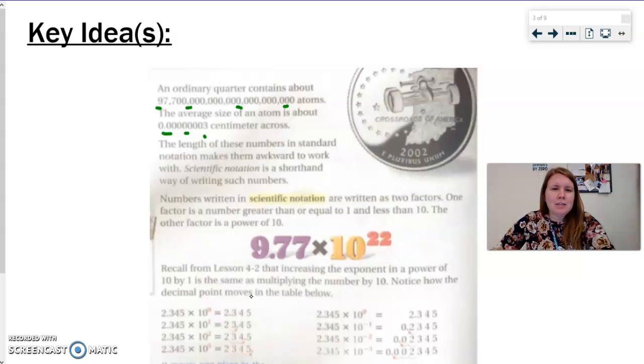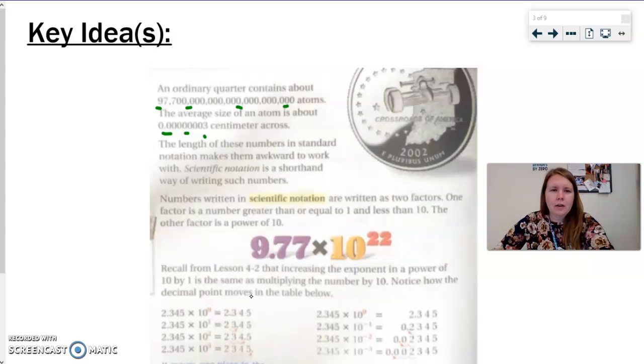The length of these numbers in standard notation makes them awkward to work with, as well as awkward to say. Scientific notation is a shorthand way of writing such numbers, a shorter, simpler version to write it out. Numbers written in scientific notation are written with two factors.